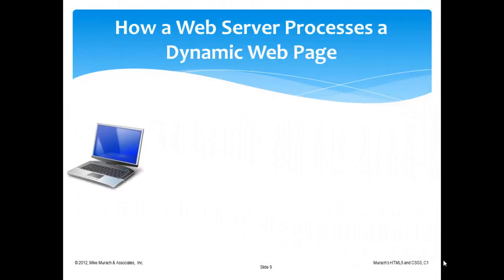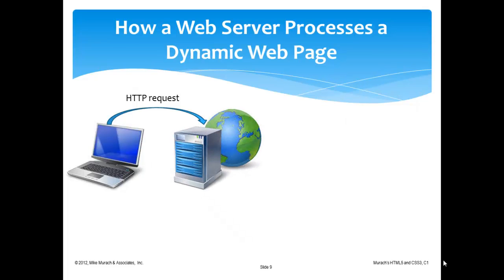So here you can see how a web server processes a dynamic web page. Again, the process begins with the user making a request that goes through the web browser to the web server that contains the data that the dynamic page will process. The web browser builds the HTTP request and sends it to the web server, and then the web server requests whatever data the application needs to process the request.